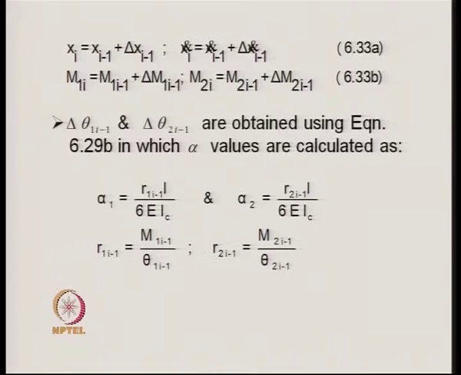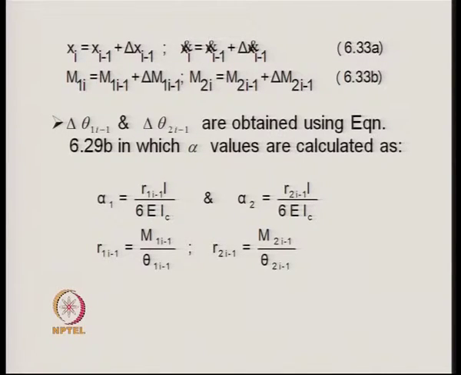So, by dividing the moment by the rotation, we can get the value of r 1 I minus 1. Similarly, one can calculate the value of r 2 I minus 1 by dividing the moment that is existing at the I minus 1th time step for the second beam by the rotation that takes place for the second beam.